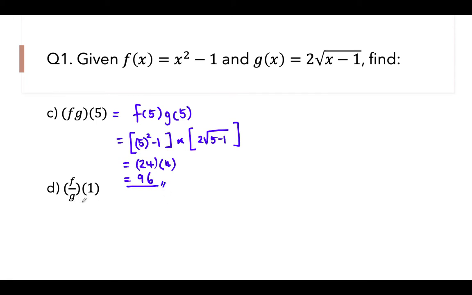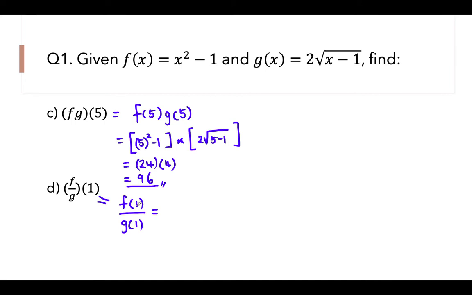Lastly, we have a quotient. In this case, I'm going to separate it: function f of 1 divided by function g of 1. We need to make sure that g, the denominator, cannot equal 0. Let's plug it in.